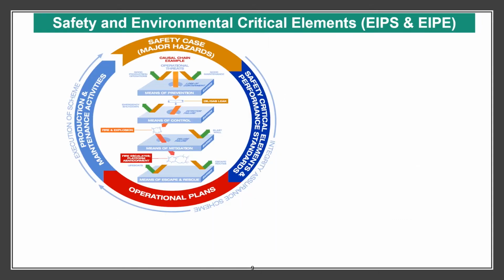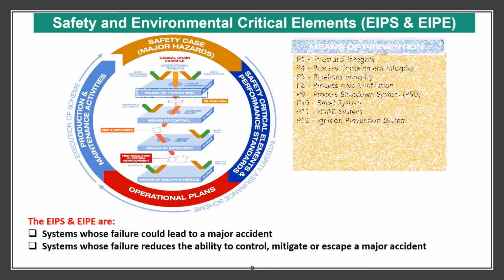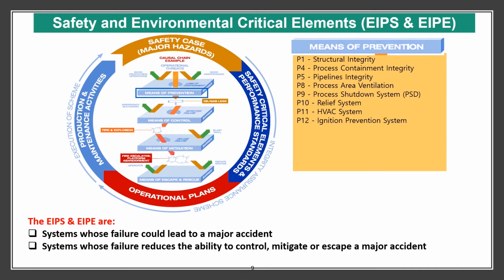Safety critical elements, as we said, are systems whose failure could lead to a major accident, or systems whose failure reduces the ability to control, mitigate, or escape a major accident. Normally, we have 4 categories of barriers.